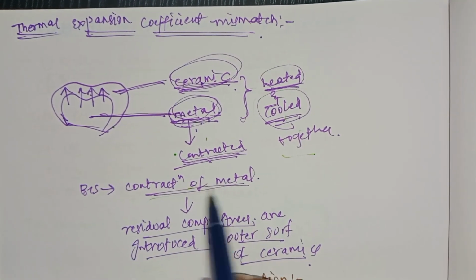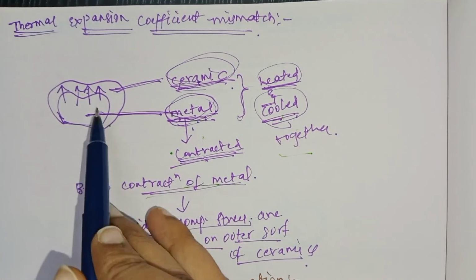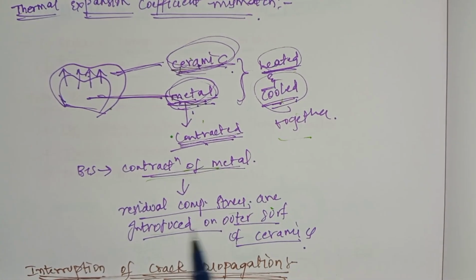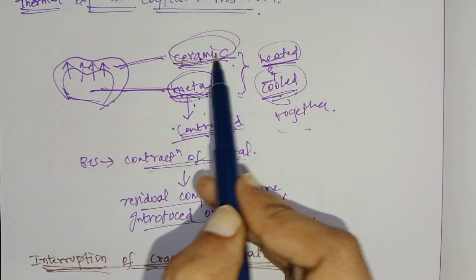Thus, the contraction of metal introduces residual compressive stresses onto the outer surface of the ceramics.